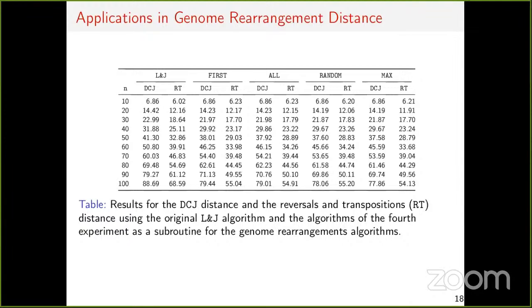The results in this table are very similar to the results of the previous tables, except for the first and all algorithms, where on the previous table the all variation yielded better results. The grid algorithms always continue going better than Lin-Jiang's algorithm, and the better one continues being the max variation.